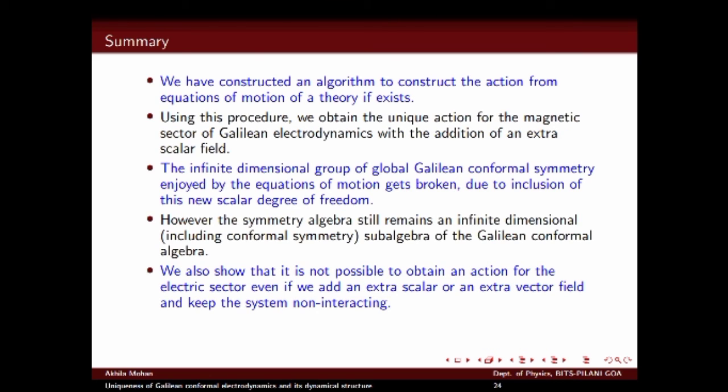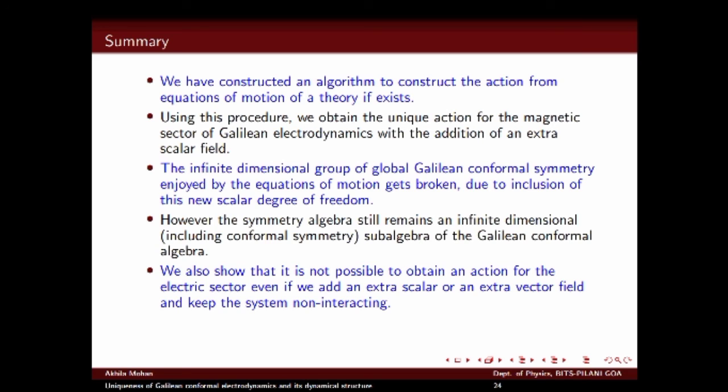In summary, we have constructed an algorithm to construct an action from the equations of motion of a theory, if one exists. Using this procedure, we obtained the unique action for the magnetic sector of Galilean electrodynamics with the addition of an extra scalar field, and the infinite dimensional group of global Galilean conformal symmetry enjoyed by the equations of motion gets broken due to the inclusion of the extra scalar field.